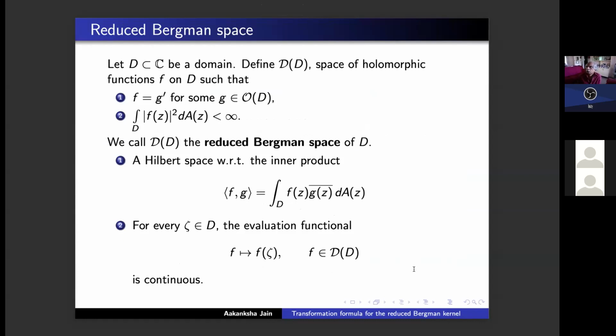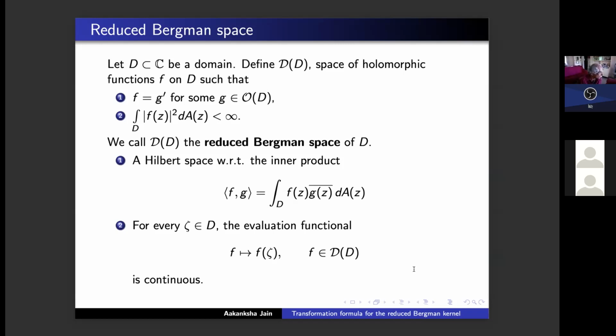I thought I had understood, and then in almost the last 5 minutes, I got confused about something. I'm trying to understand the elements that belong to script D of D. You said that these are functions.